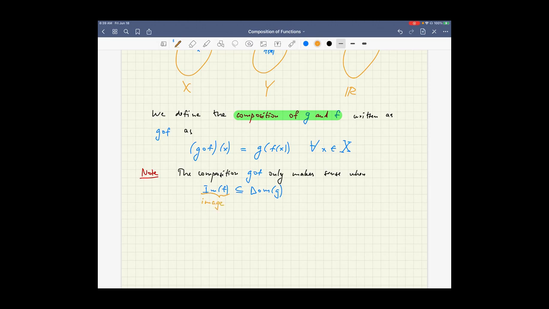The image of the internal function has to be a subset of the domain of the external function.